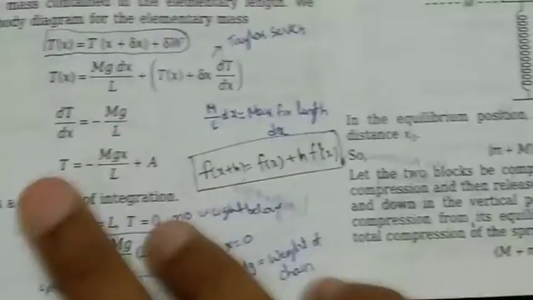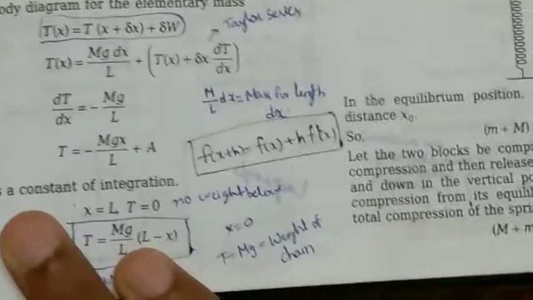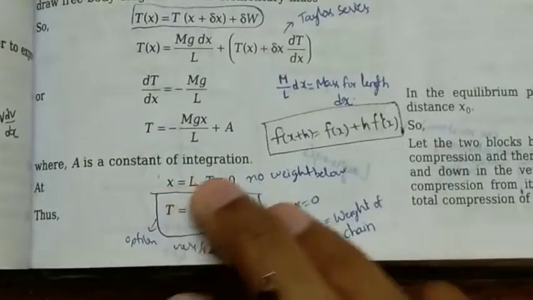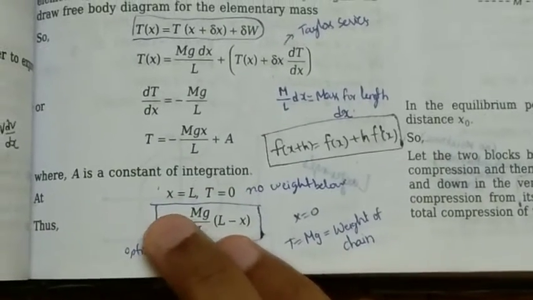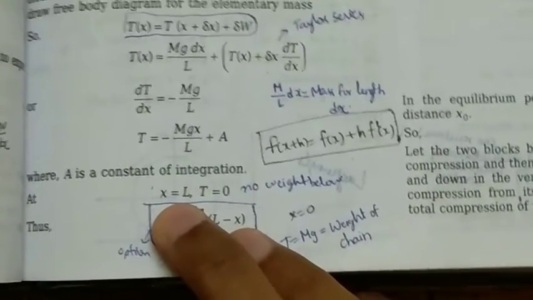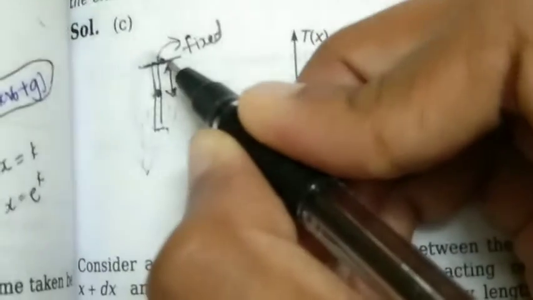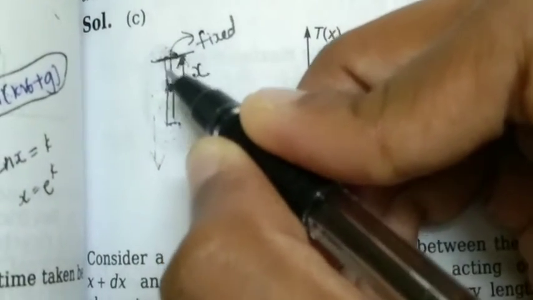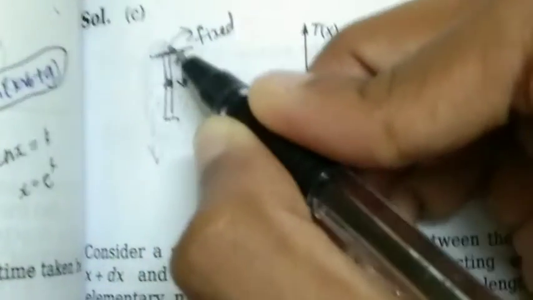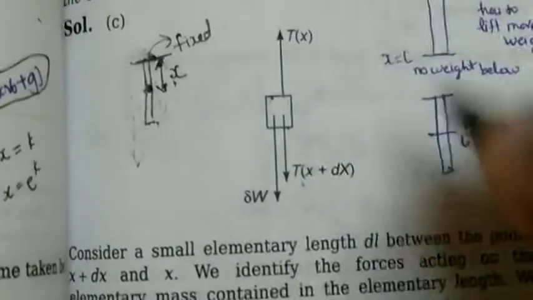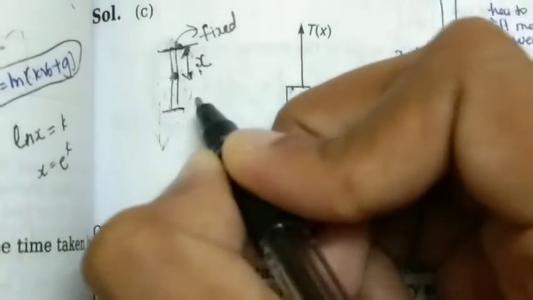Here we are having minus, so that minus. Here a is a constant of integration, so at x equals L, t equals 0. So when x is equal to L, t is 0. That means at the length of the rope, x is nothing but the distance from the fixed end to any point on the rope. The entire length of the rope is L, so x equals L at the other end.